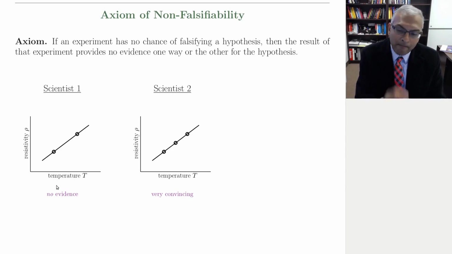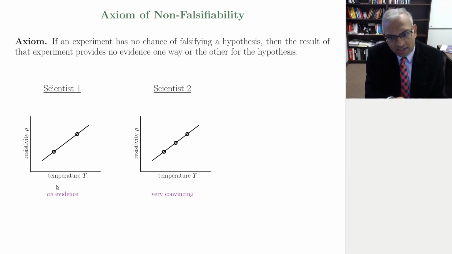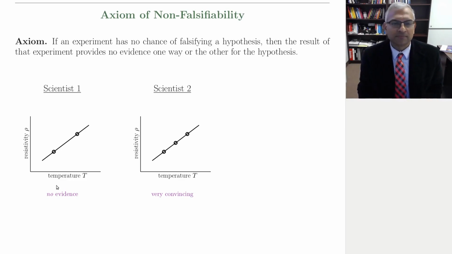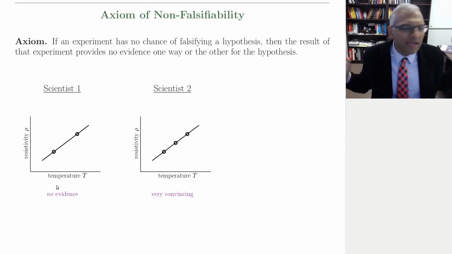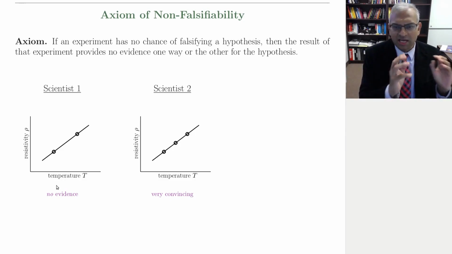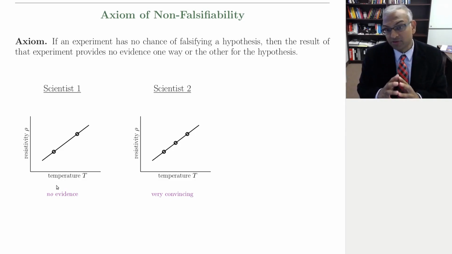It must be the case that your experiment has a chance to falsify your hypothesis for it to be worth running the experiment at all. In other words, if your experiment has no chance of falsifying your hypothesis, then the experiment provides no evidence one way or the other for the hypothesis. It cannot say the hypothesis is false. It cannot say the hypothesis is true.